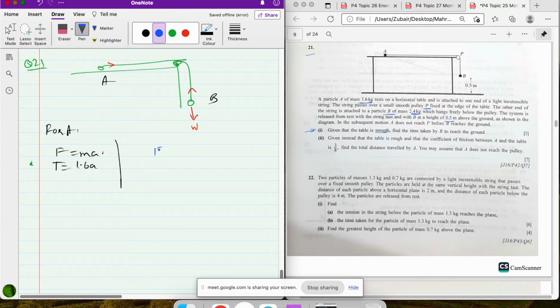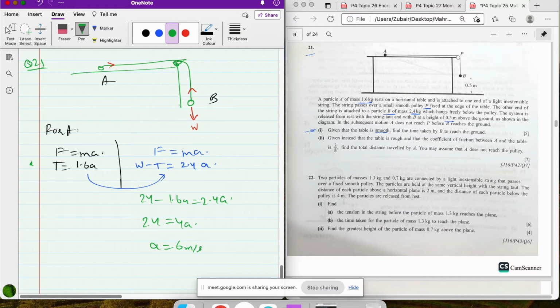For B, F equals MA: the downward force, weight minus tension, equals 2.4 times acceleration. Substituting in the other equation, weight is 2.4 into 10, 24, minus tension, which is 1.6a, equals 2.4a. So 24 equals 2.4a plus 1.6a, which gives 4a, and the acceleration comes out to be 6 meters per second squared.